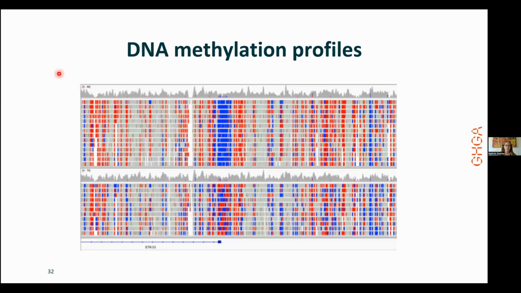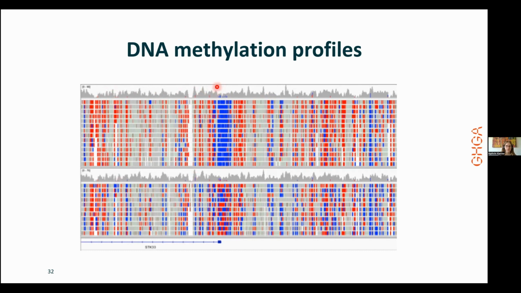Okay, so if we now did the sequencing, this is an example of the readout that we get. This is from whole genome bisulfite sequencing. It looks similar for reduced representation bisulfite sequencing, just with lower coverage across the genome. The color code here means blue is unmethylated and red are methylated CpGs.